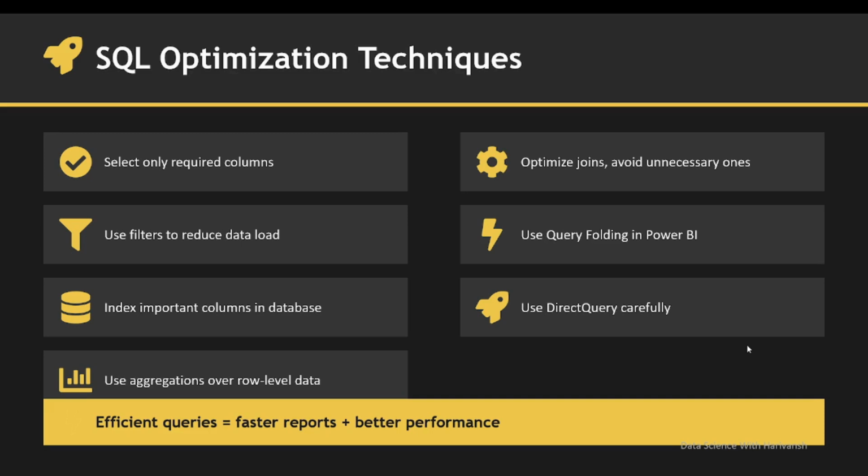The sixth technique is to use query folding in Power BI. Query folding is one of Power BI's most powerful and often underutilized performance features. When you apply transformations in the Power Query editor, such as filtering rows, removing columns, changing data types, or merging tables, Power BI tries to translate those transformations back into native SQL queries that are executed directly on the source database server, rather than being processed by Power BI on the client side.